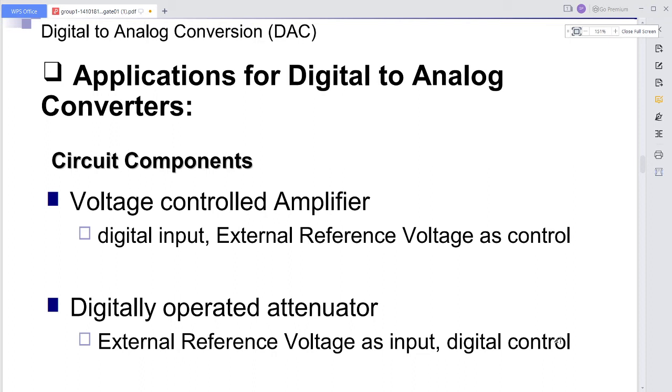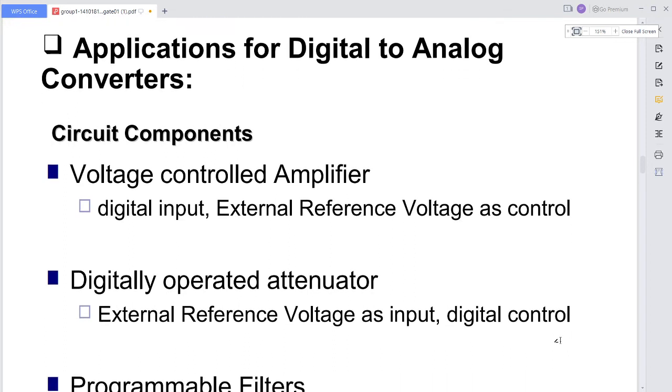After processing, the processor gives the primary results in the digital form, and that digital data is again converted into analog form, because human beings can understand only analog form of data. So all these are the best applications for digital to analog converters.